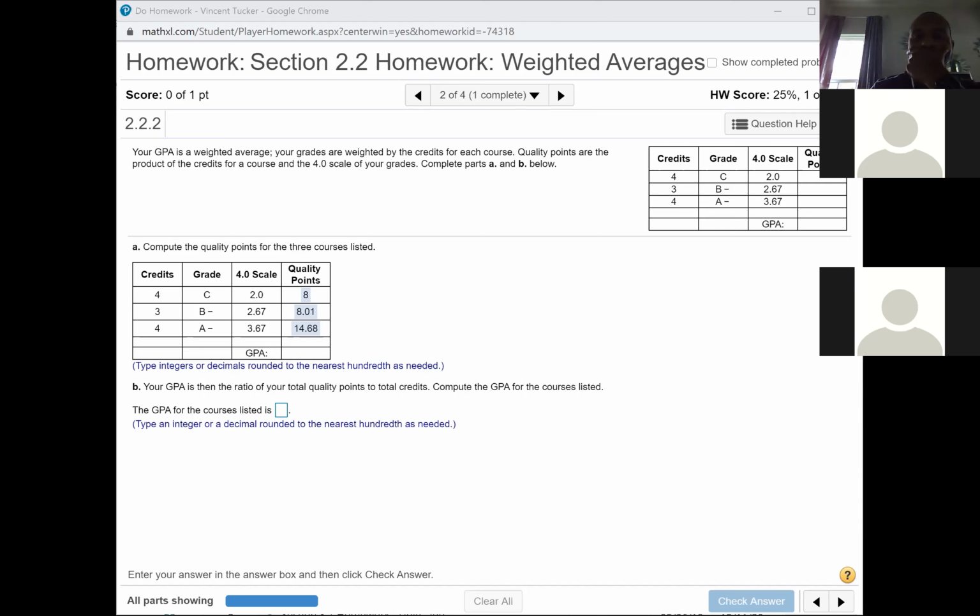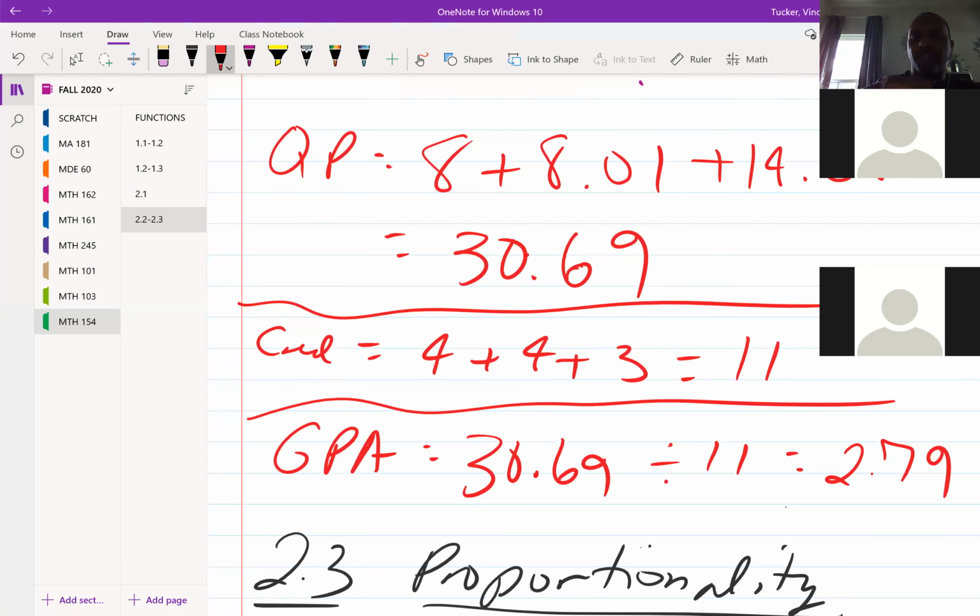All right. I'm sorry. Was my screen shared? I don't know if my notes were shared or not. But just in case, like I said, we did 8 plus 8.01 plus 14.68. That's my quality points. They give me 30.69.